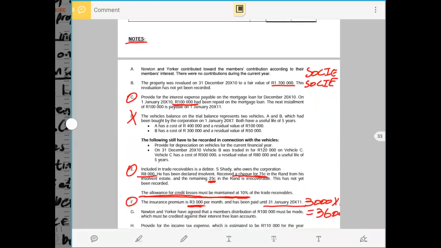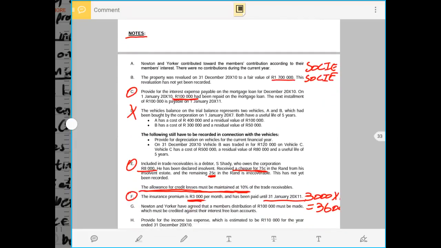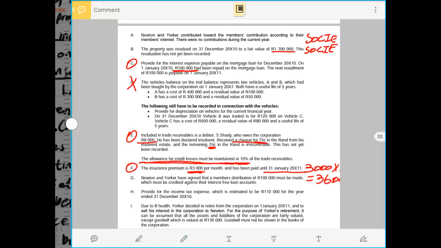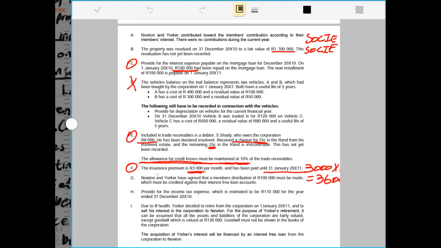Our adjustment told us that, which adjustment was that? It was adjustment number F, that 3,000 per month has been paid and for January, or until January. So this was already clear for us that 3,000 is prepaid.